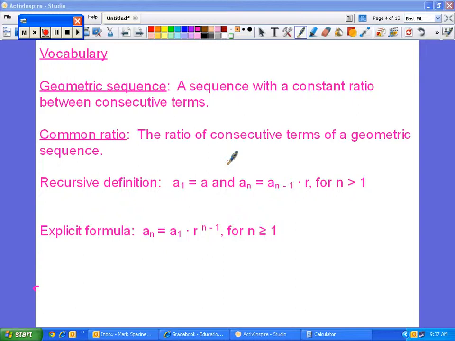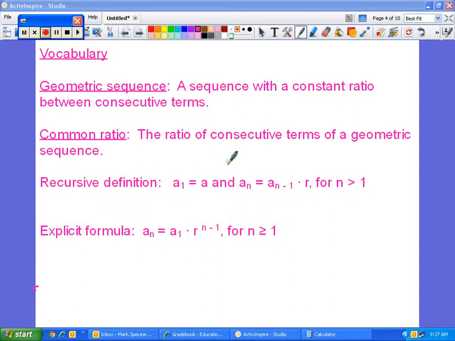The major difference between the two is that whereas in an arithmetic sequence, to find the terms, we're going to be adding or subtracting some value, which we call the common difference. In a geometric sequence, you find the value between the two terms in the form of a ratio.